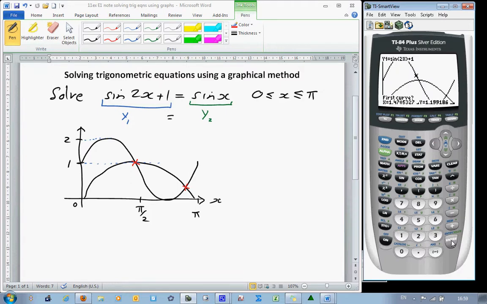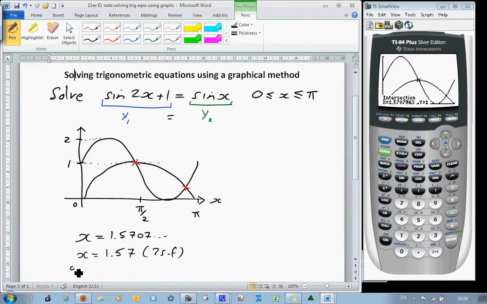Now, you may have recognized from your sketch that this could be written as 1.57 to 3 significant figures, or you might recognize that that is actually pi over 2. Let's just check that. I'm just going to go off this screen, and I'm going to do second pi divide 2, and there's that 1.5707, just to prove that it is pi over 2.